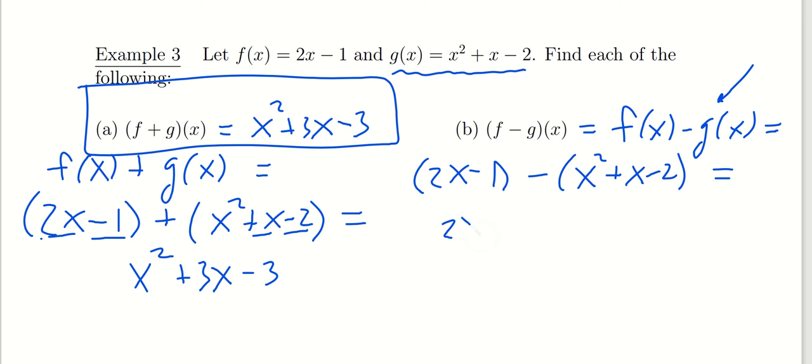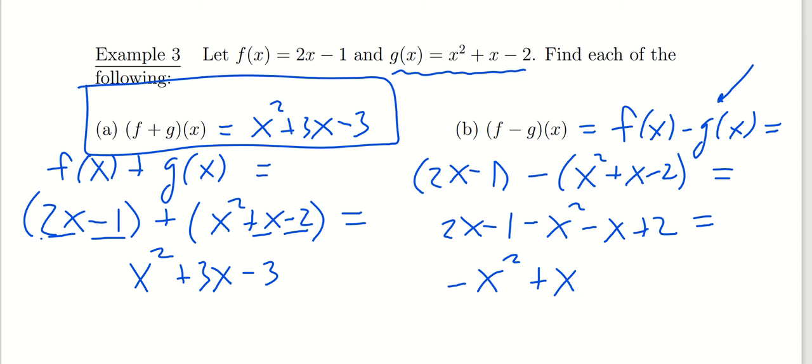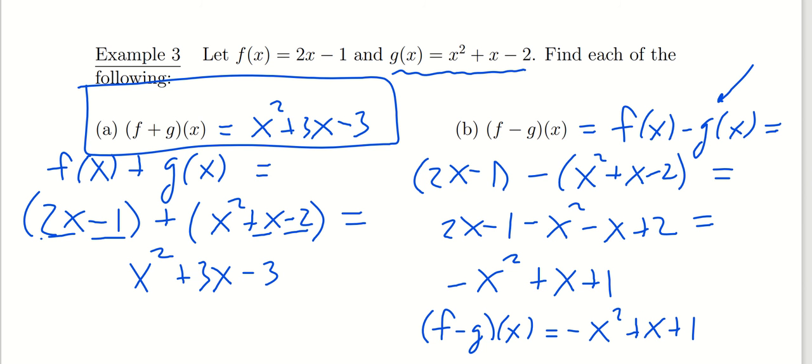To do this, we first distribute to get rid of the subtraction and the parentheses. This becomes a negative x squared minus x plus 2. Now we can combine our like terms. We have a negative x squared. The 2x and negative x will make a positive 1x. And then the negative 1 and the positive 2 will combine to give us positive 1. So f minus g of x is equal to negative x squared plus x plus 1.